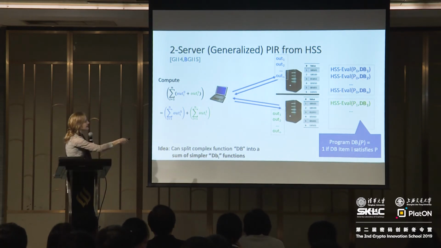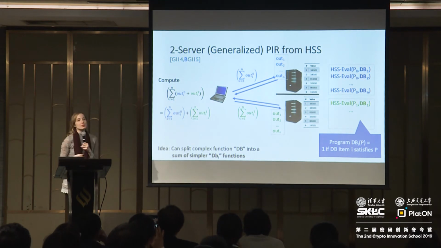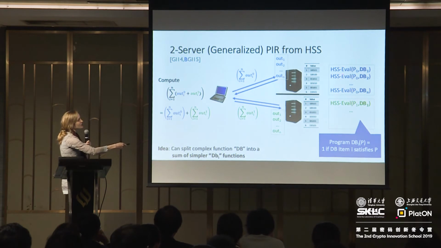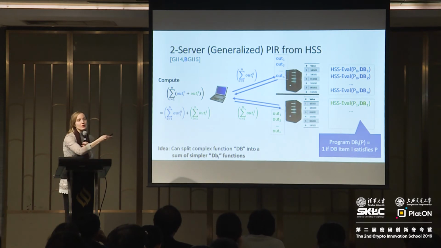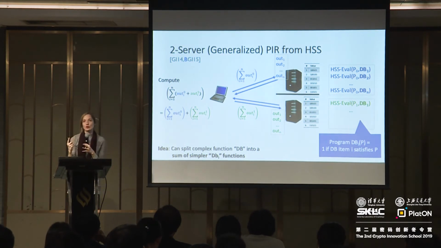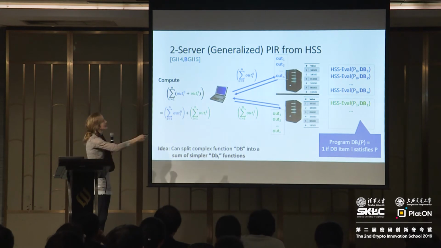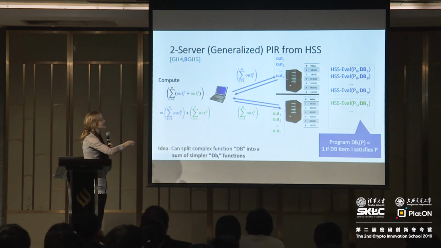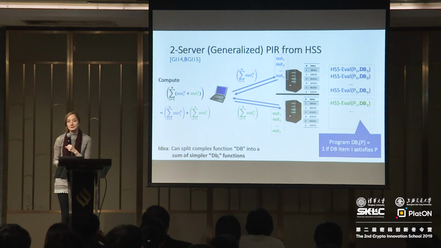But each of these is the size of one output, and it's something that each of the servers respectively can compute on their own. So effectively what's happening, we did each of these evaluations, this gave us each of these output shares, and I don't need to send you each one individually because you're just going to add them all up anyway. So instead I can collapse this down to the size of one output instead of n, and send this sum back, which is enough for you to reconstruct.